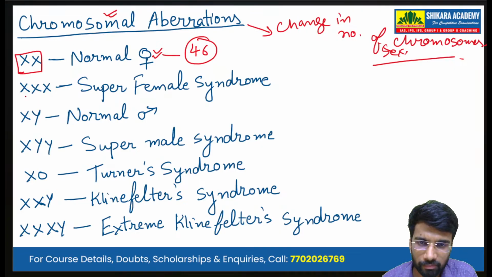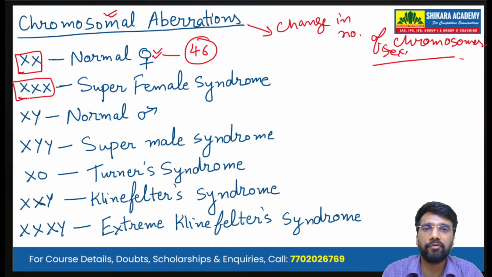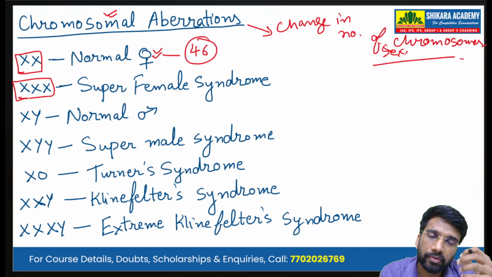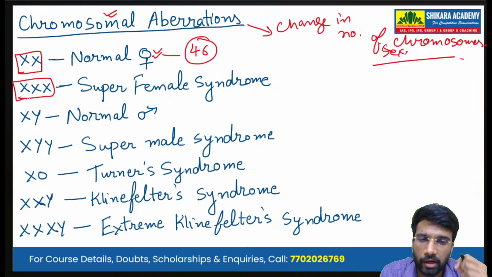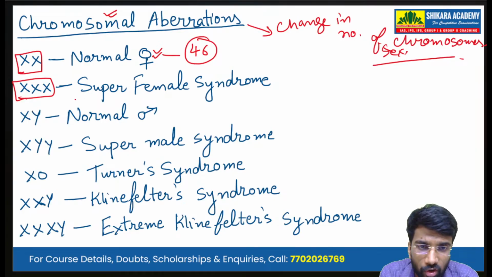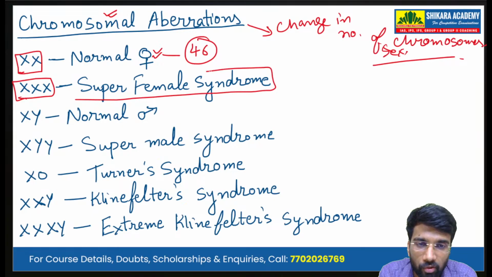Now, sometimes due to some unforeseen factors or circumstances, the number of sex chromosomes increases in an individual. So instead of two X chromosomes, this female has three X chromosomes. We call it the super female syndrome.